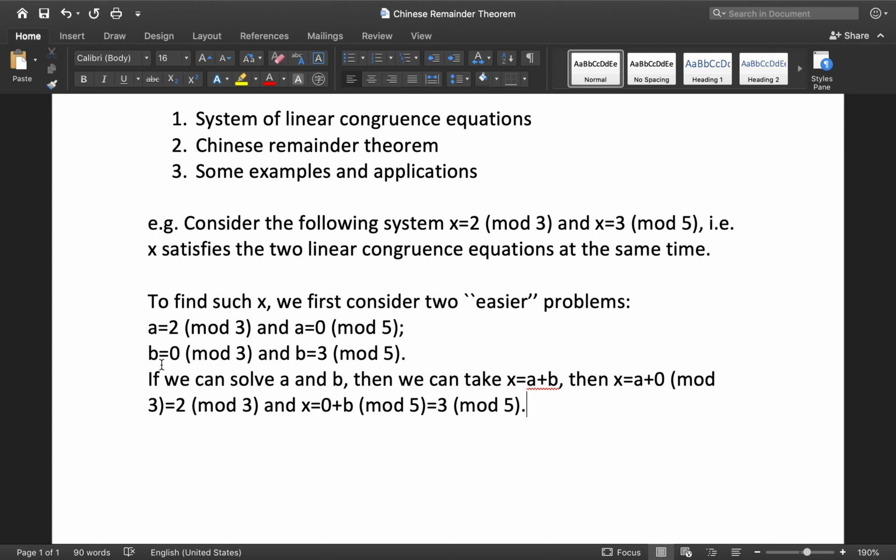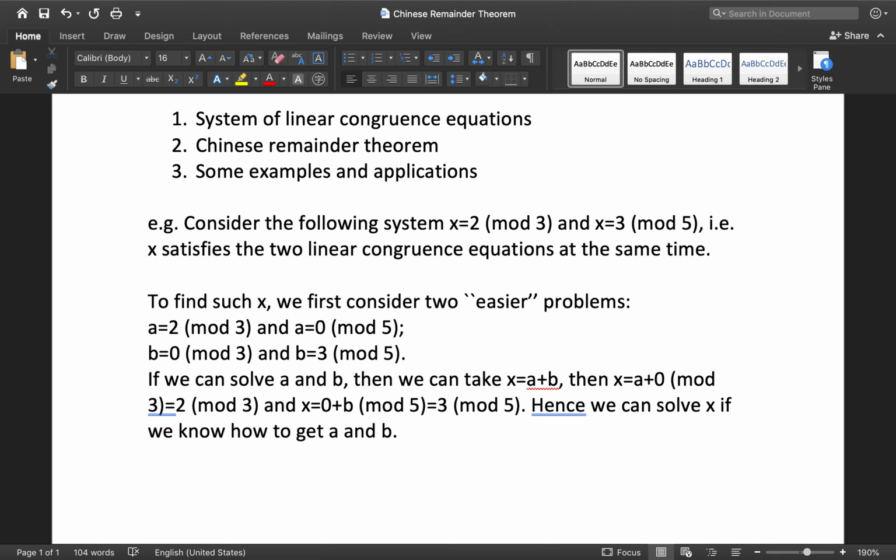Namely, we solve a and b first. Once we get a and b, we get x. So this is our plan. Once we can get a and b, then we know how to get x. Hence, we can solve x if we know how to get a and b.